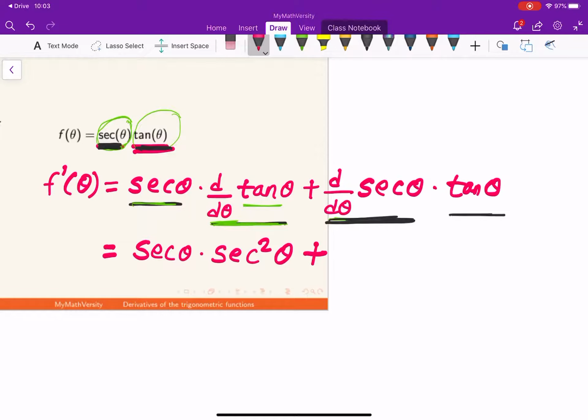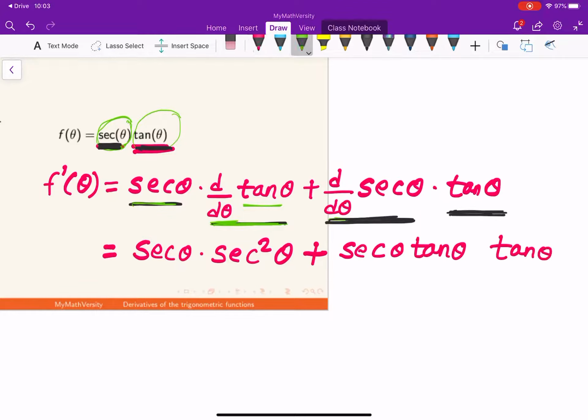What is the derivative of the secant theta? Secant theta times tangent theta, right? So that is the derivative of the secant theta. Multiply by the tangent theta as it is, so we just copy that.